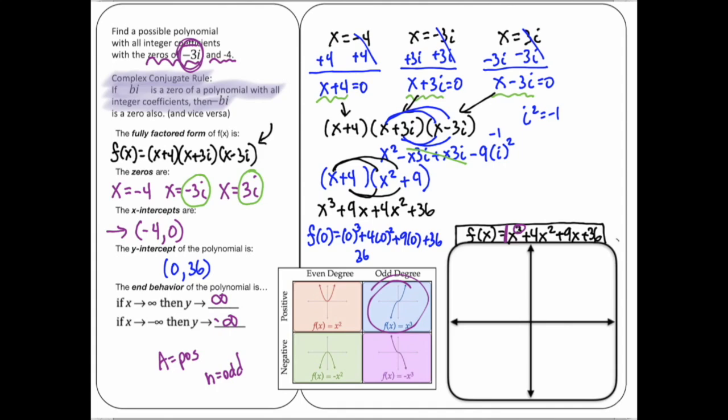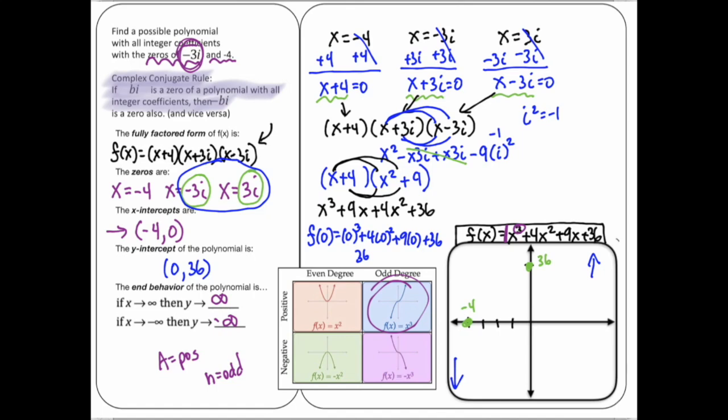And so let's put all the information that we know on the graph and see where that takes us. Okay, so here is one of the peculiar things, again, about these guys right here. Okay, so this means that we only have one x-intercept, okay, and it's only a multiplicity of 1, so it's just going to go right through it.